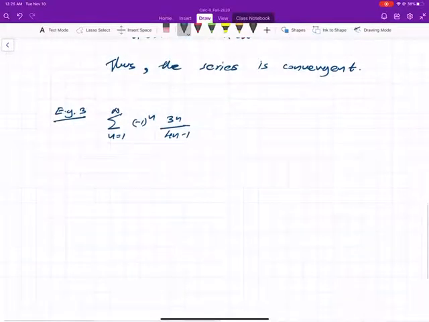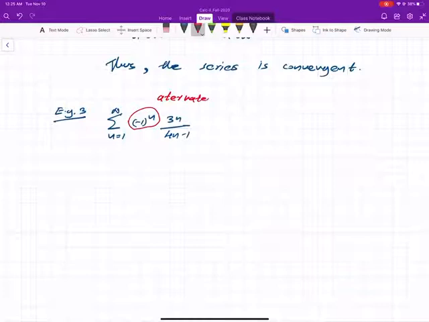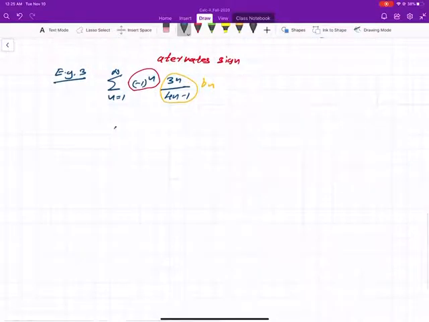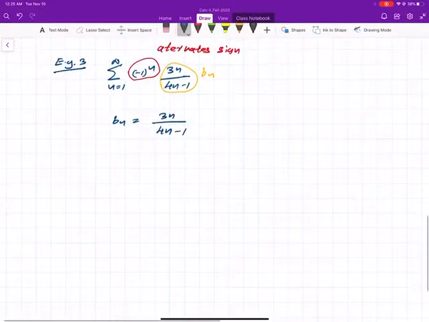So you can understand this alternates the sign. And this is actually Bn. Alright, your Bn should be 3n over 4n minus 1.